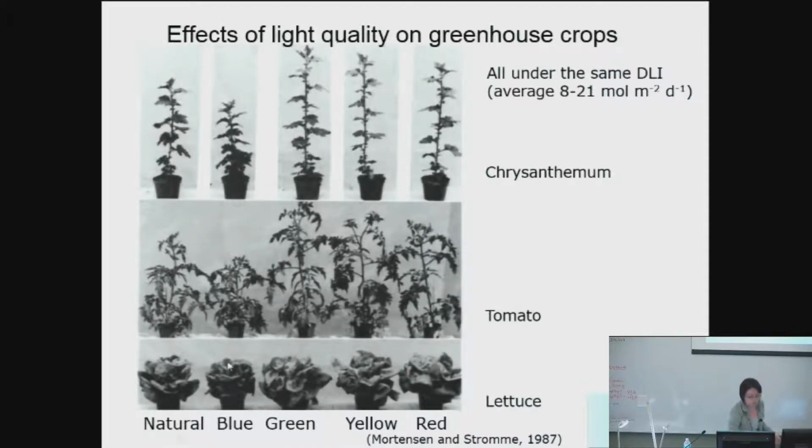So this is natural light, and they had 3 different crop species: chrysanthemum, tomato, and lettuce. Then a blue filter transmitting blue, and another filter transmitting green, so the internal environment is green-rich. Then yellow light, a yellow environment, and a red environment, and they compared the plant response.